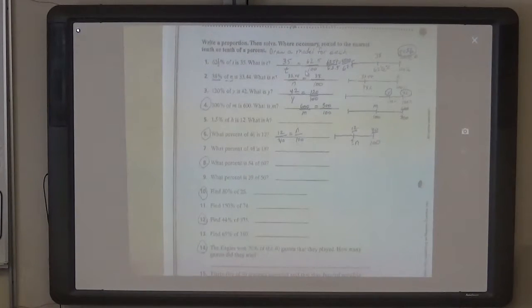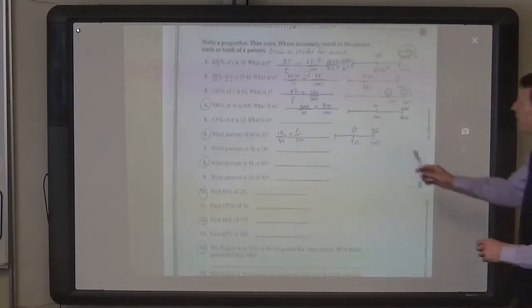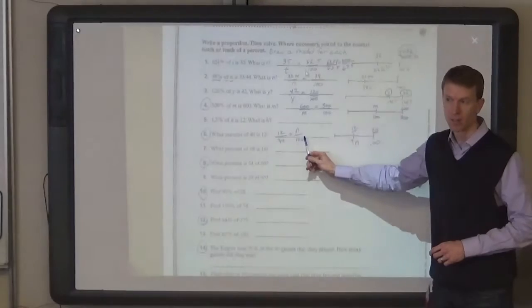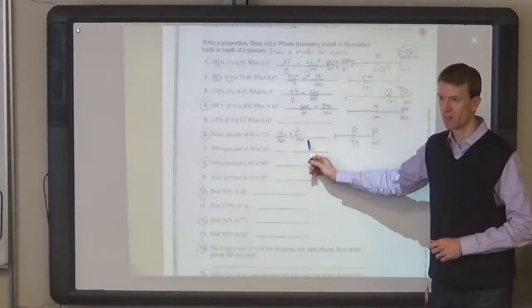Number 8 is just like that. I have a question. Can't you just divide them? Yeah, divide by 40. Yeah, 12 divided by 40, times 100. Yes. But you have to write the proportion, I said.